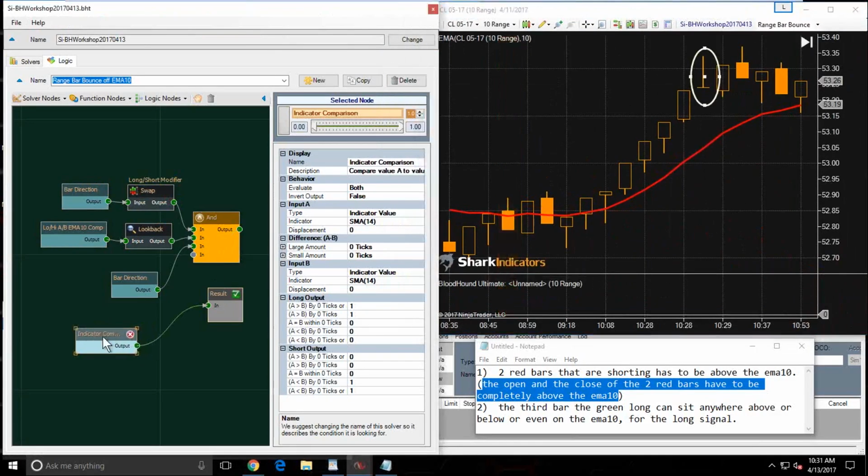Let's give this a name here. There's plenty of workshop videos that show how to put this solver together to find dojis on bar directions, but we'll do this one real quick. So we'll call this a doji direction.